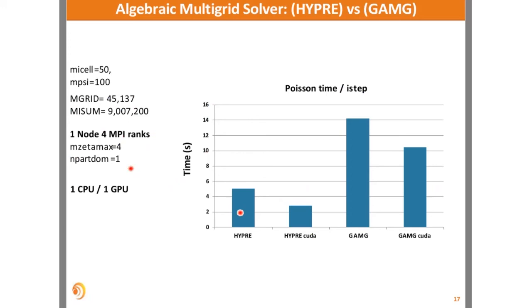For a simple test case, I used 4 MPI ranks with 4 GPUs, so the ratio between CPU and GPU is 1. In this case, we can get some speedup by using the GPU versions of the libraries. But the speedup factor is just 2 or even smaller, I guess because of our small problem size. Our problem size is not very huge, so we cannot get the full advantage of the GPU.